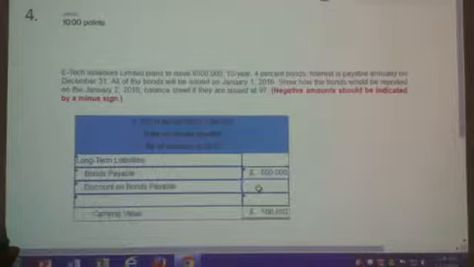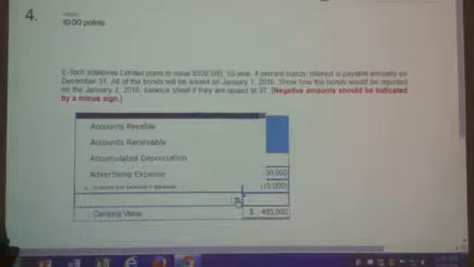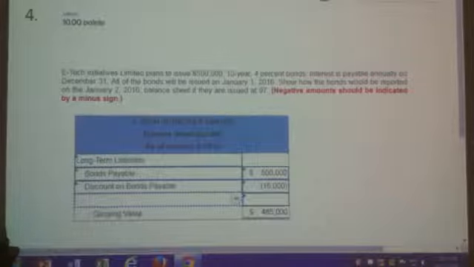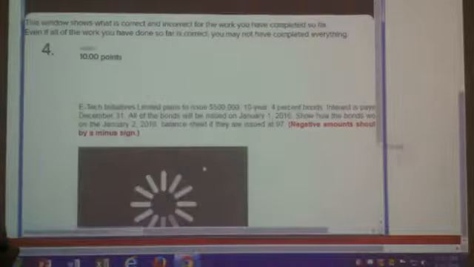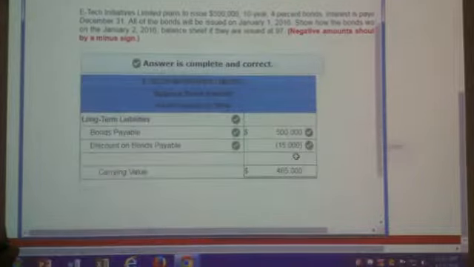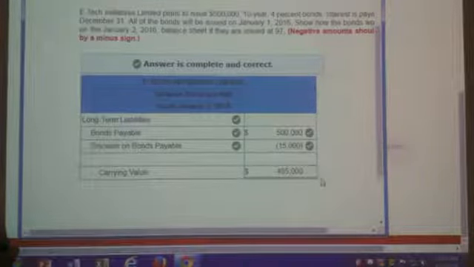The discount on the bonds payable, 97, that's 3%, a discount. So we say 3% times 500,000, which is 15,000. And that gives us the carrying value of the bond. There should be nothing else. This should be all. Answer is complete and correct.